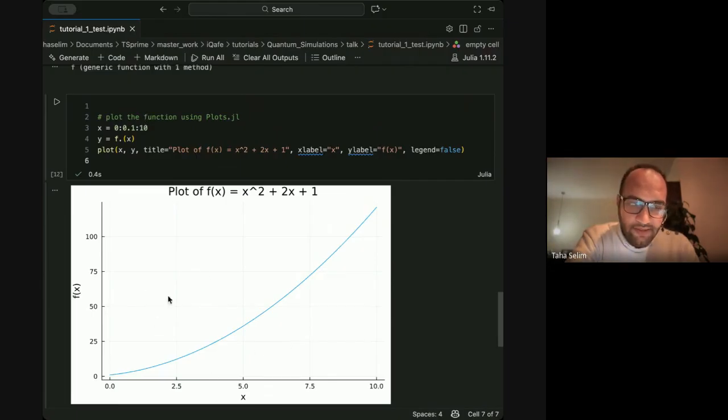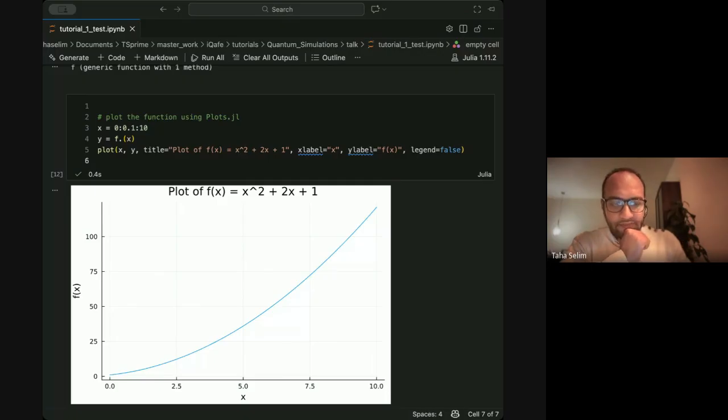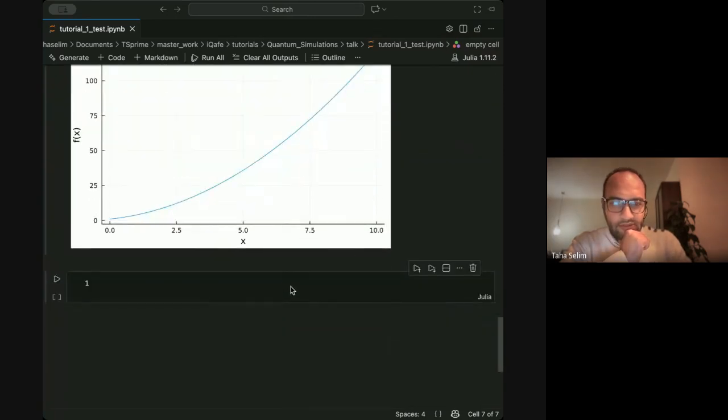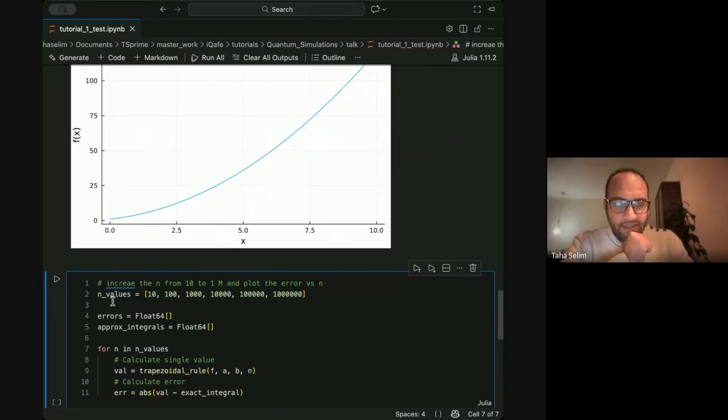It doesn't matter. What you have here is a function plotted from 0 till 10. Then if we use the same method to make this integration, we can for sure use this. So we can make something like this. Also, the number of points is the number of these trapezoids below here, and that's what we have.